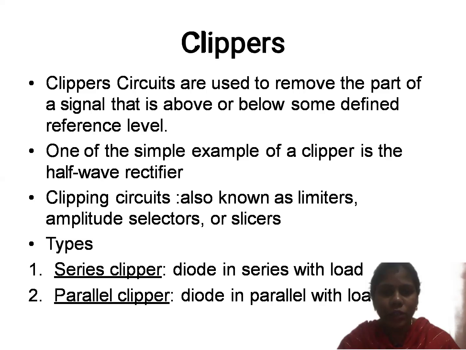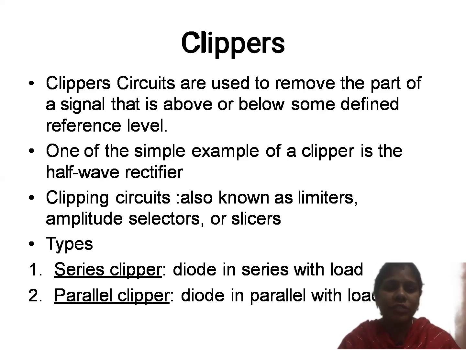The negative cycle is clipped off. The desired portion of that waveform is only the positive cycle, and the undesired portion is cut off with the help of a clipper. That's why we can say the best example for the clipper is a half-wave rectifier, a simple example to understand the concept of the clipper.